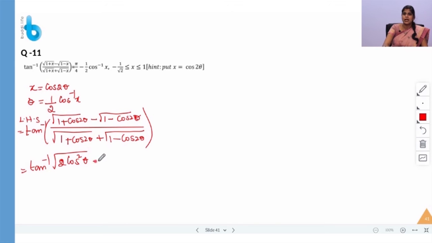So now in the LHS, instead of root of 1 plus x and root of 1 minus x, we are going to substitute only these two values. Okay.